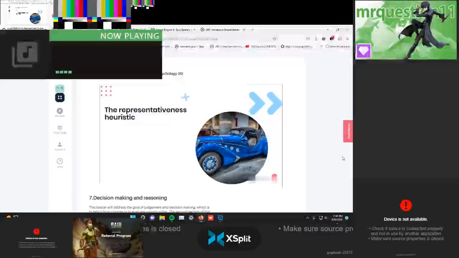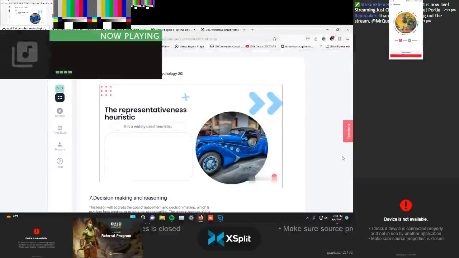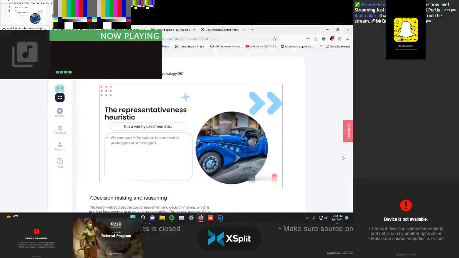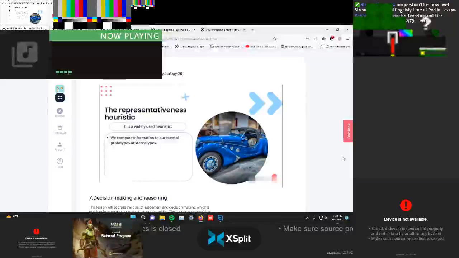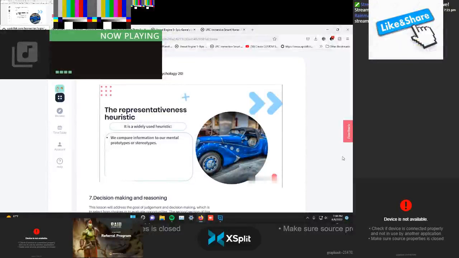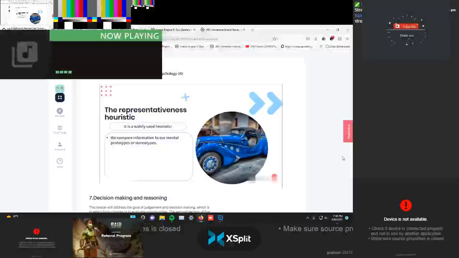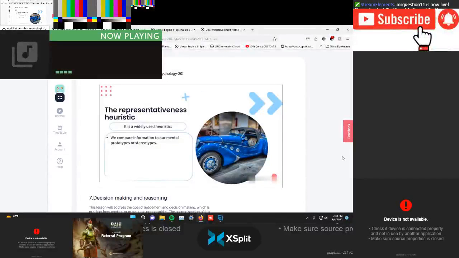The representative heuristic is a widely used heuristic. It is a mental shortcut that helps us make a decision by comparing information to our mental prototypes or stereotypes.